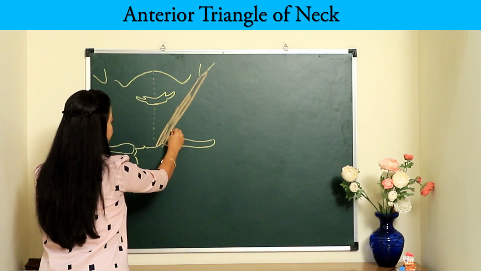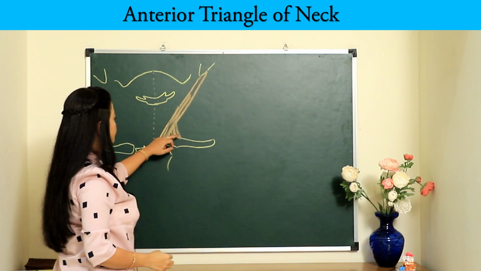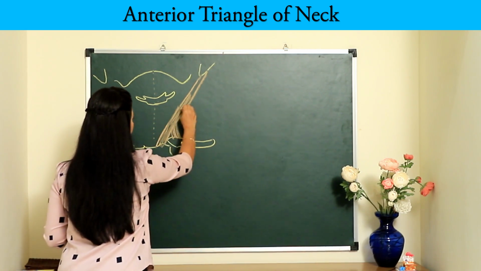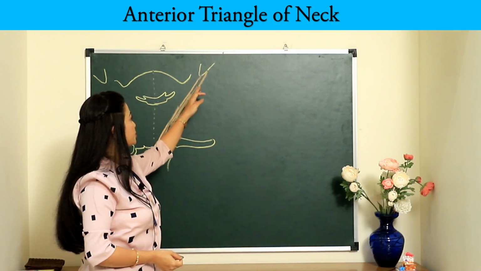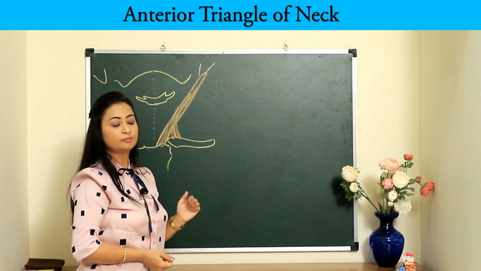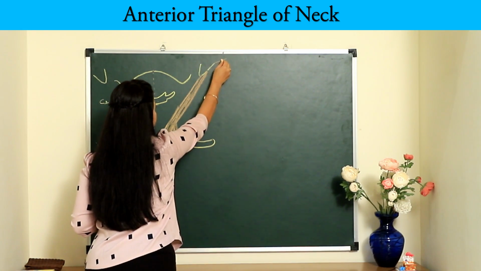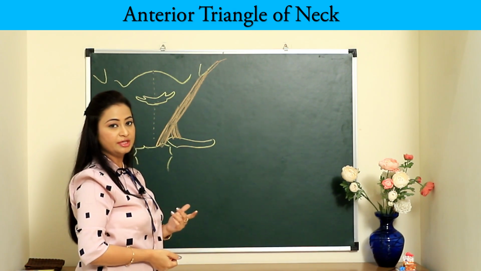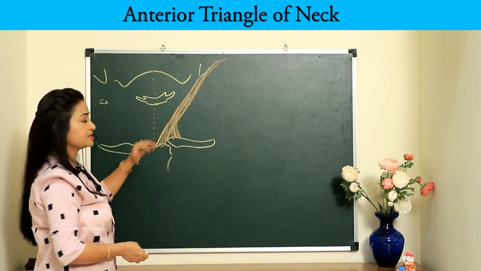And the other head is the clavicular head, which gives rise to fleshy fibers which join the sternal head and form this fusiform belly, and this muscle goes up for insertion right up to the lateral aspect of the mastoid process, as well as the lateral part of the superior nuchal line. So this is the sternocleidomastoid muscle of the left side.